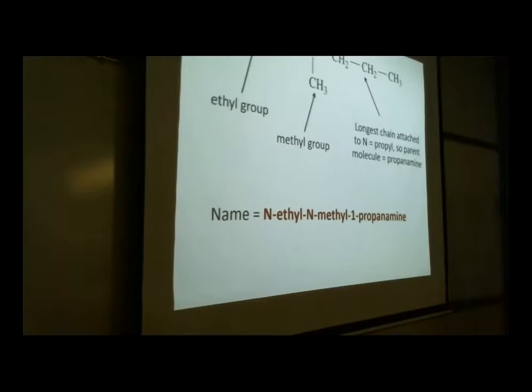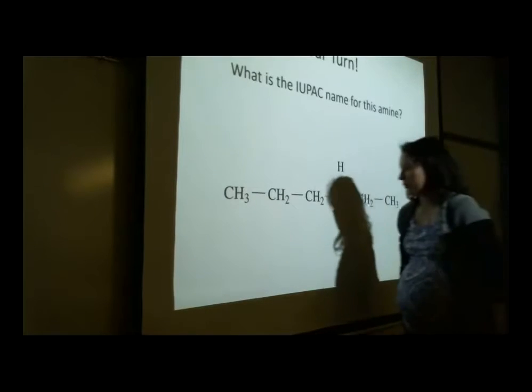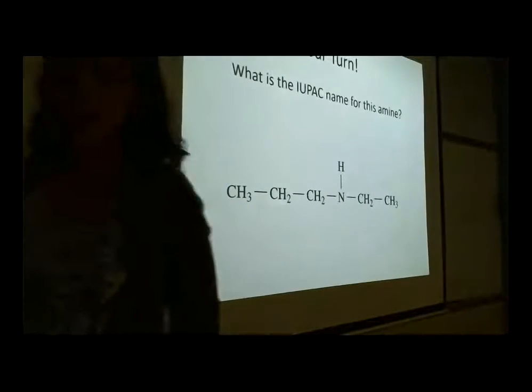That'd be tertiary, right? Do you see where that name came from? In other words, we're pretending that this amine has two substituents on it. N-ethyl, N-methyl, 1-propanamine. Make sense? All right, I'll give you a second to think about this. Here's one. What's its IUPAC name?